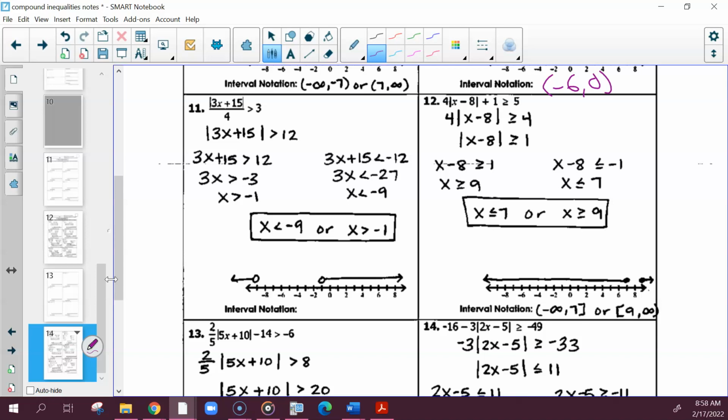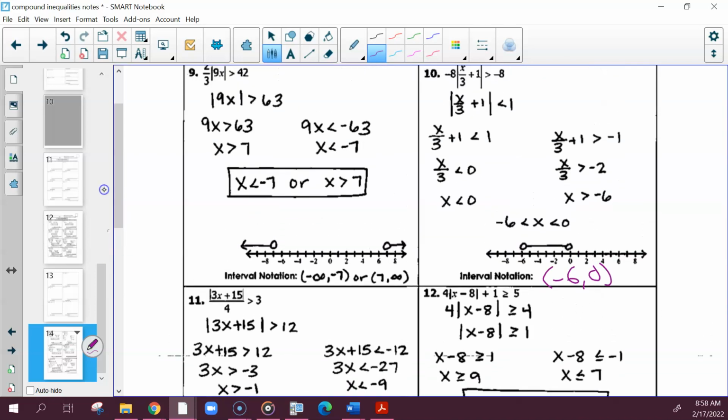So you would need to put it in the inequality format. For the show your work questions, there'll be a place for both of those. Some of them will be multiple choice, so you won't need both of those.